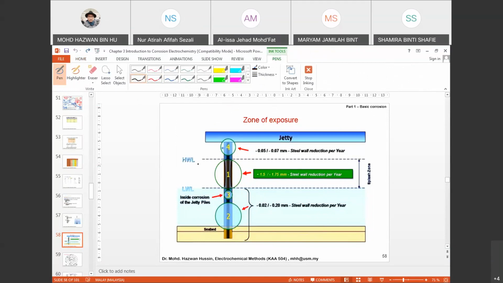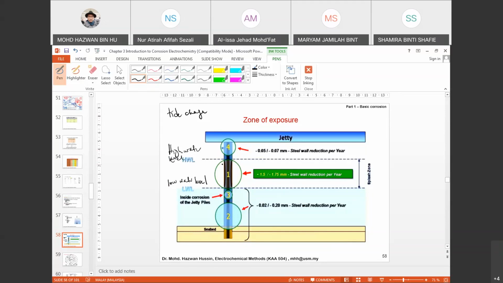HWL means high water level, and then you have low water level. Where you can get high water level and low water level actually depends on the tide change. Because at certain times the level of water is going to be low and sometimes it's going to be high. This we call tidal change.